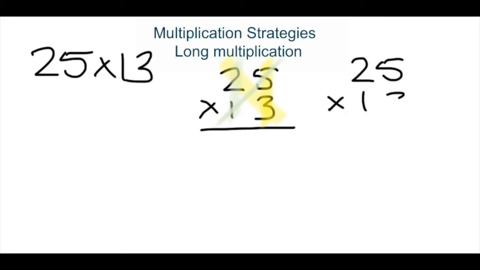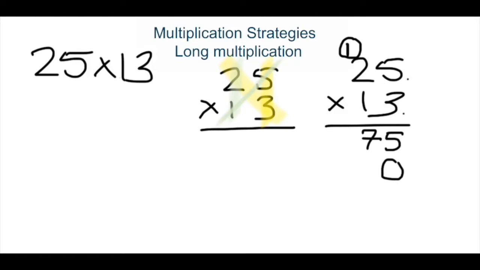Okay, so what this looks like is we actually do 5 times 3, which gives us 15. Now we can't put the 1 just there, it goes up the top like with our adding and subtracting. Then we do 2 times 3, and that gives us 6, but we've got this bonus 1 sitting up the top, so it becomes 7. Now, when we go back to do the green highlighting, we put a 0 in our units column, because now we're dealing with the tens.